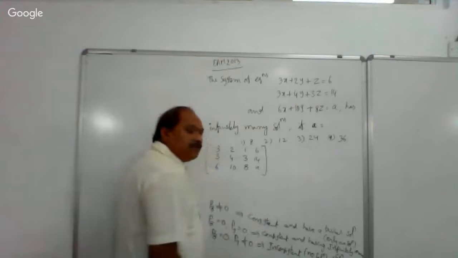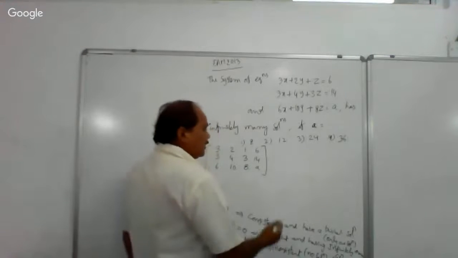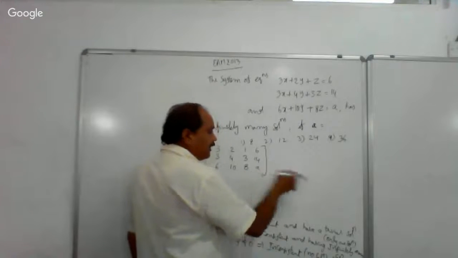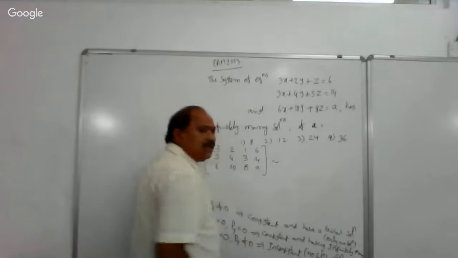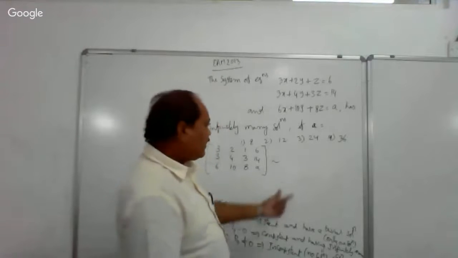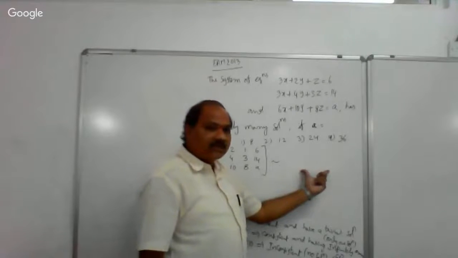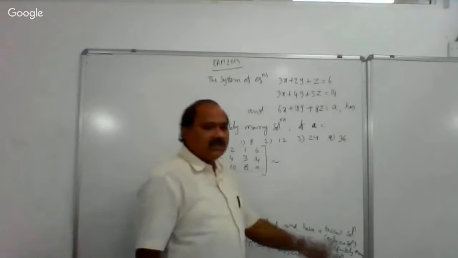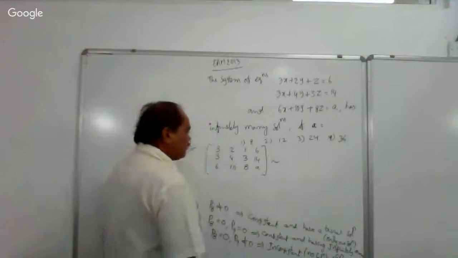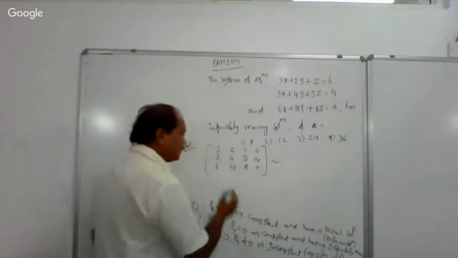This is called the augmented matrix. We are reducing this into echelon form. This is the symbol for equivalent, meaning we are deriving another matrix from this. These two are equivalent.